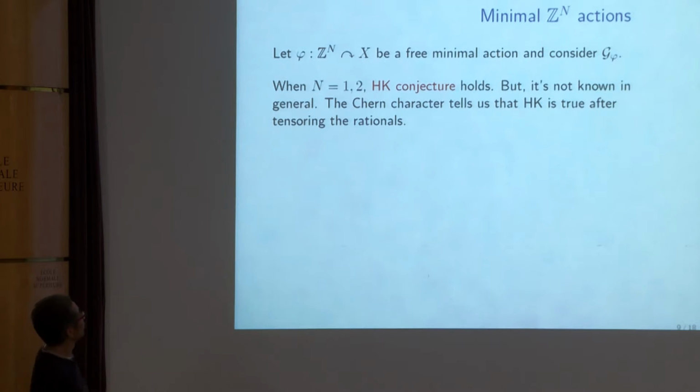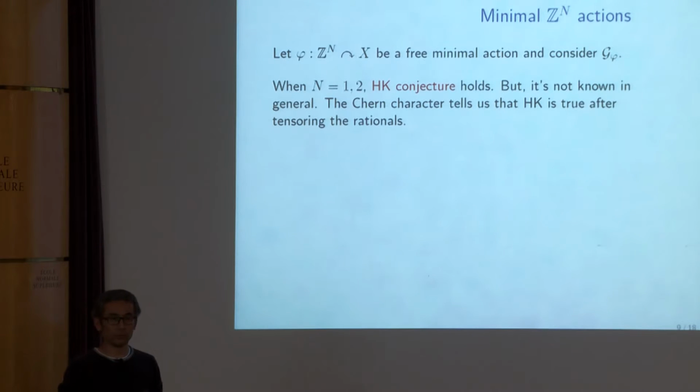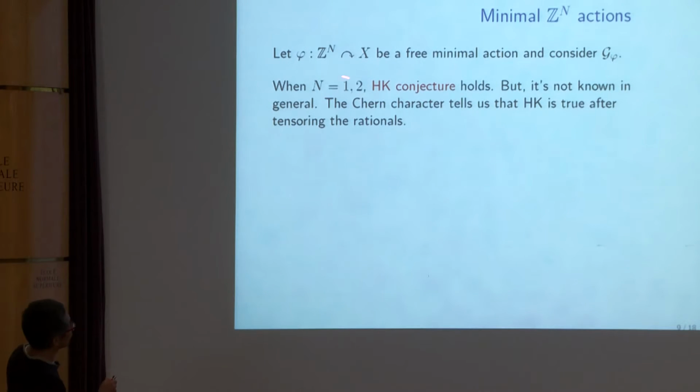It's natural. So let phi be a free minimal action of Z^n on the Cantor set X and consider the associated groupoid. Then, when n is 1 or 2, it's known HK holds. By a direct computation, we can show it. But it's not known in general. And as you said, by using the Chern character, we know that HK is true after tensoring with the rationals.